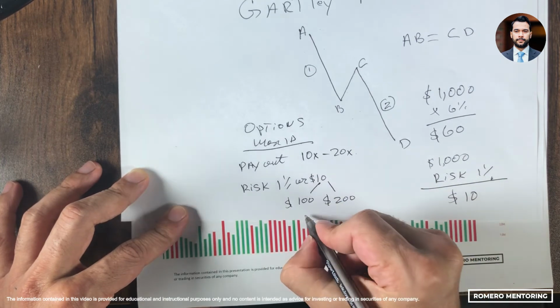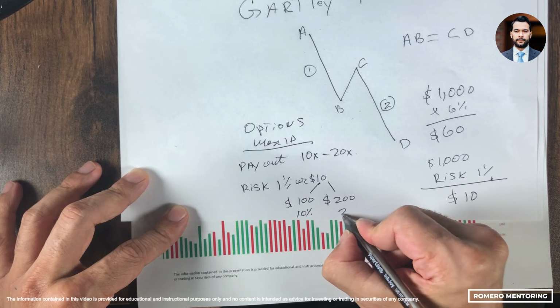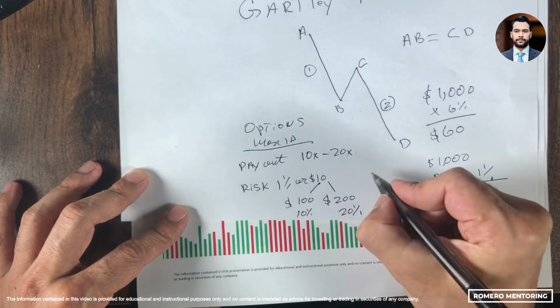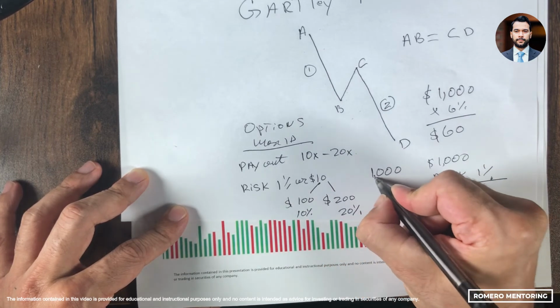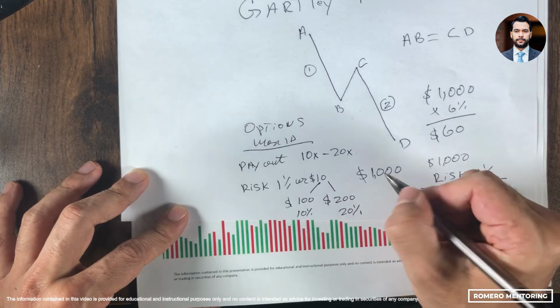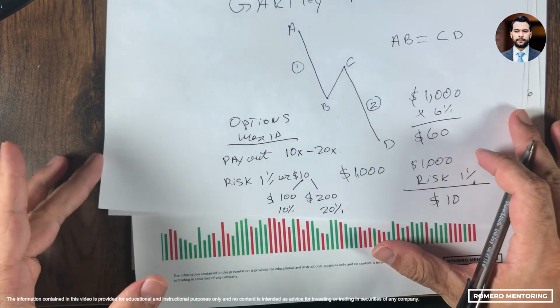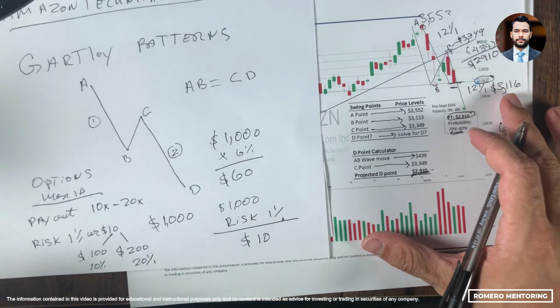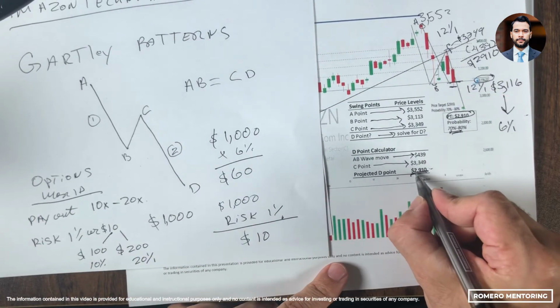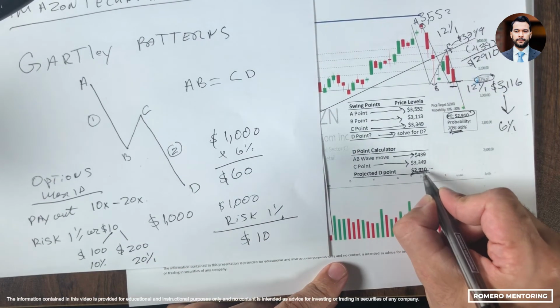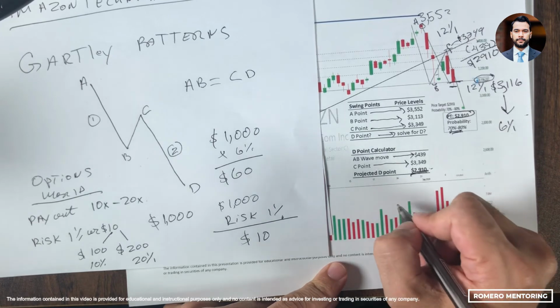This represents 10% to 20% return on investment on your entire $1,000 portfolio. This is a good payout. But what's important here is to understand the process of how we came up with $2,910.